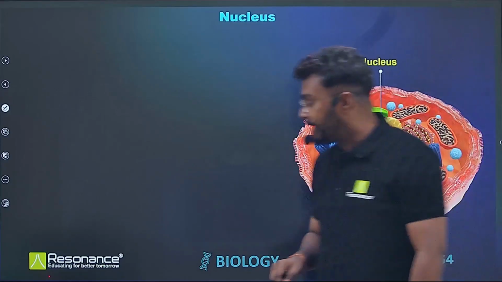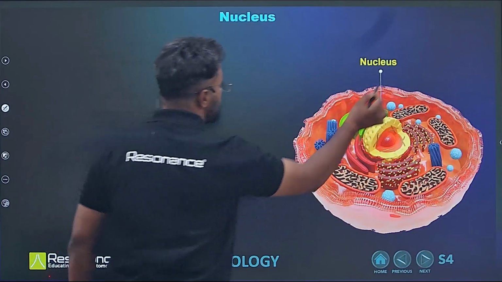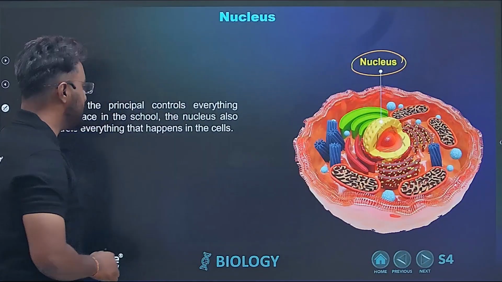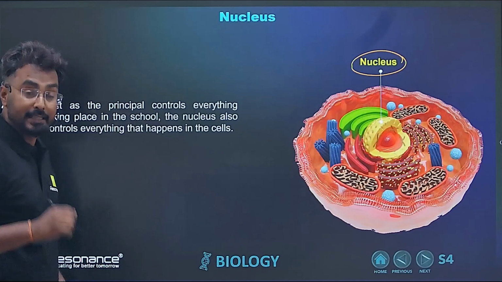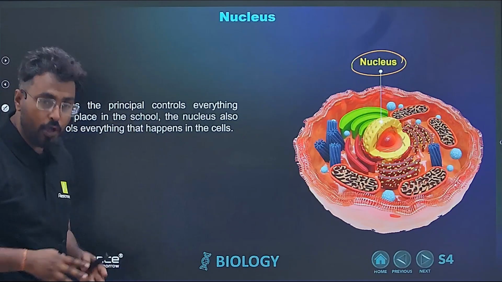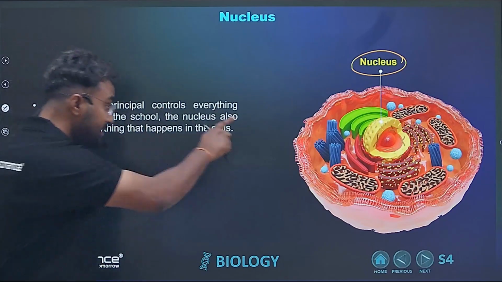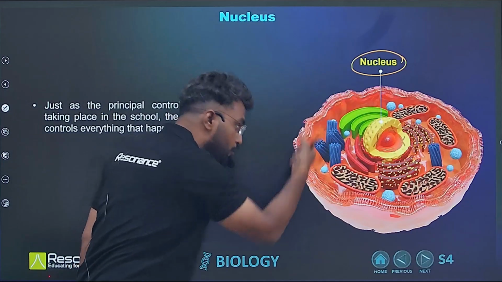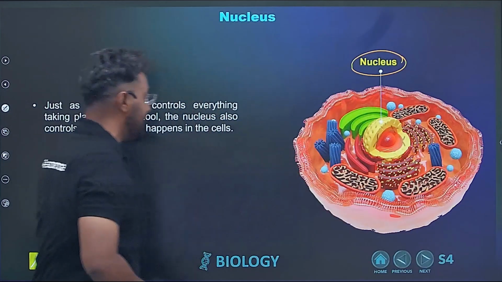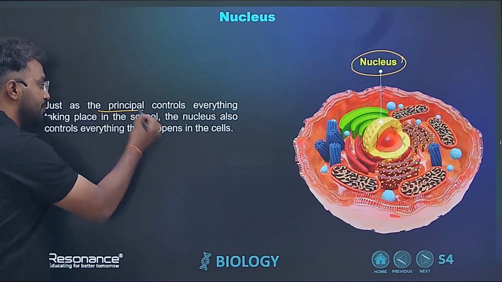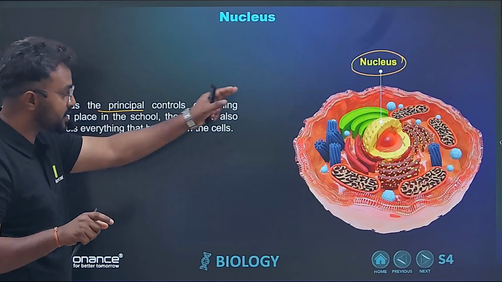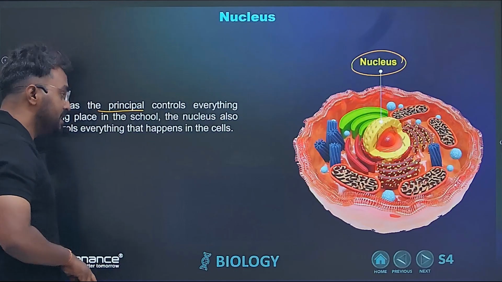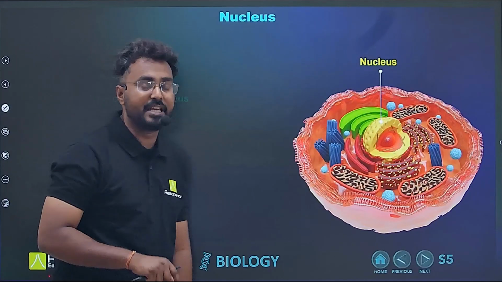Now moving on, again we have this beautiful diagram, and again you can see the nucleus. Just like the school principal controls all the activities in the school, the nucleus controls all the activities happening inside the cell, whatever is happening inside the cell.